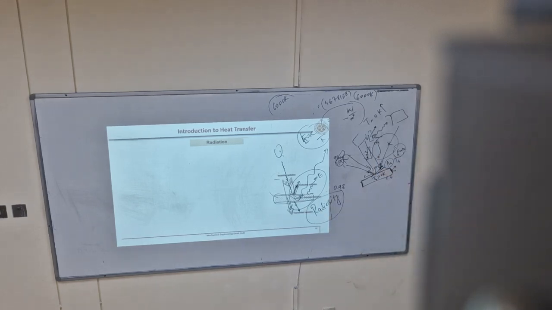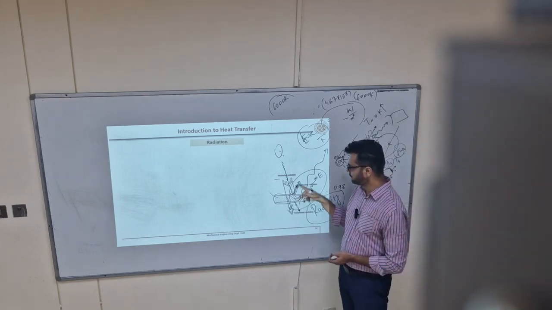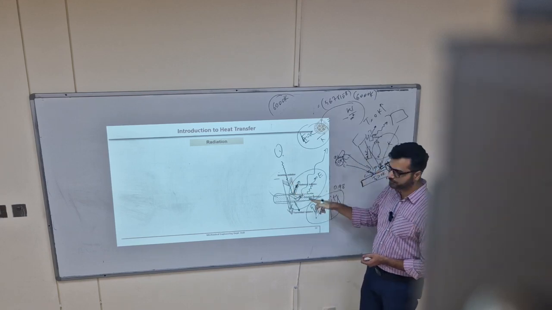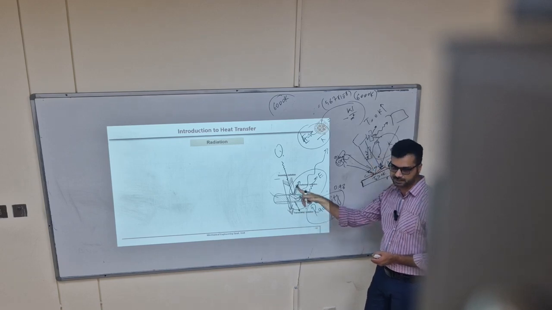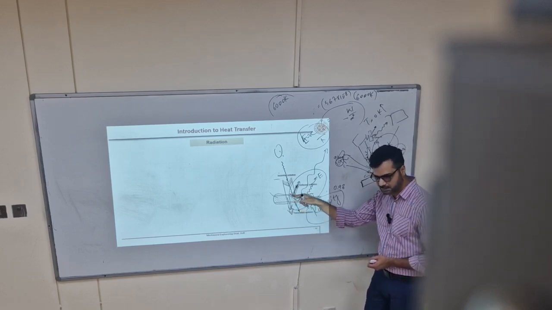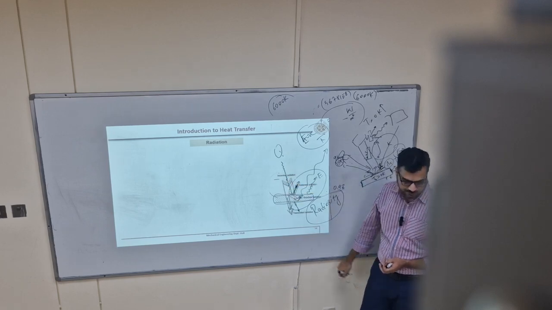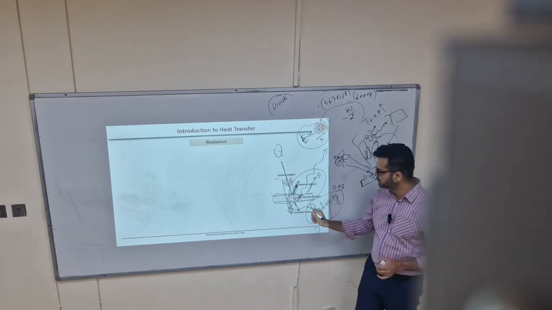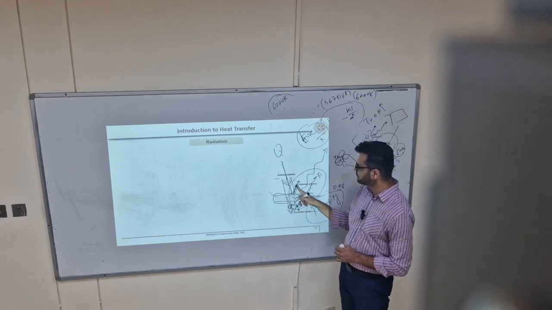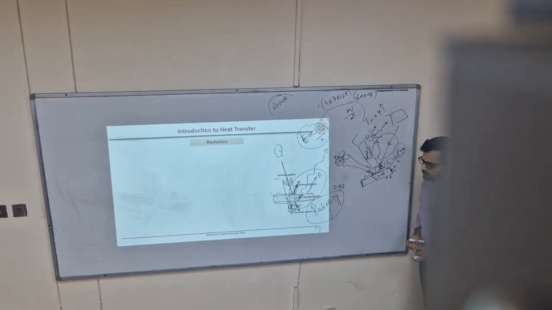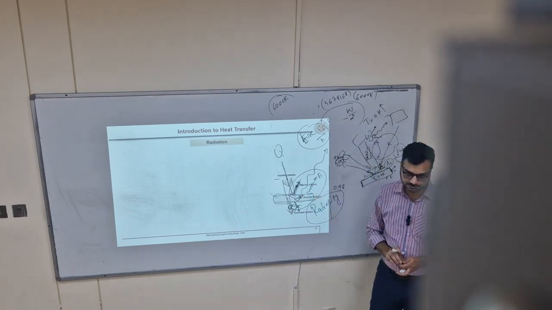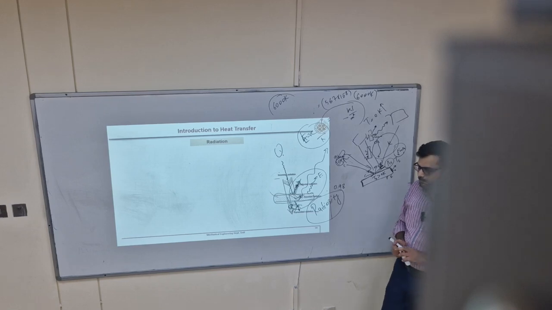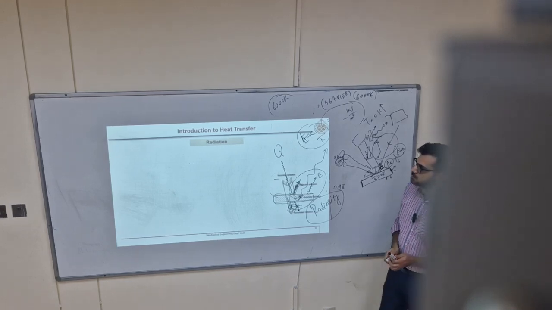Transmitted is the same as reflected, but it was not reflected. It went into the body and then left. For opaque bodies, this term will not be there, only emission and reflection. If it is a black body, only emission will be there. There will be no reflection. Only emission.